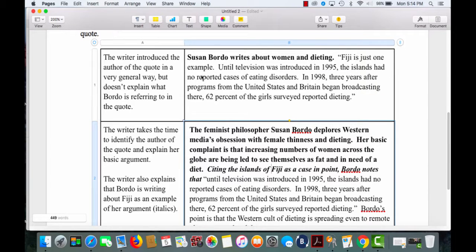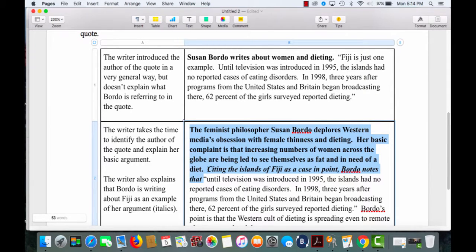So yeah, here we are, and you can see the first example at least indicates the author's name. So we at least have an indication of who wrote this quotation. But the quote refers to this study that the author did of the Fiji Islands, and that's not made real clear. But then if you look at the second example, there is a long introductory section, okay?